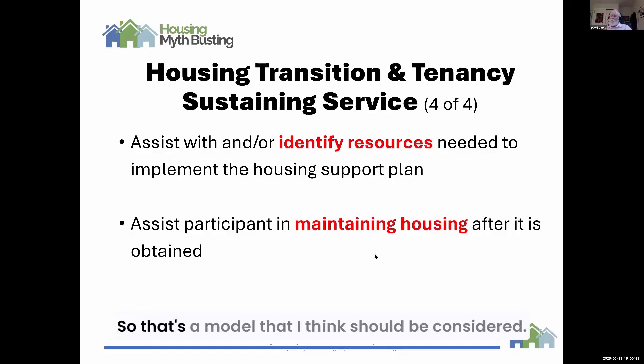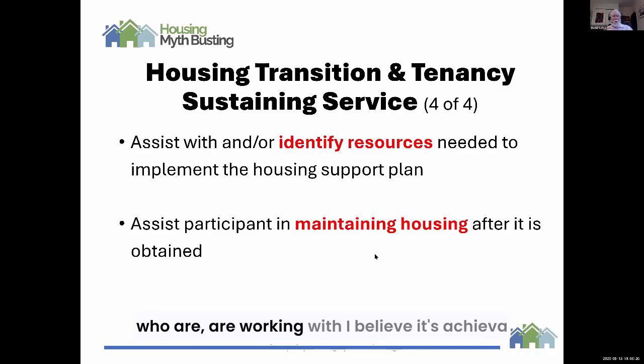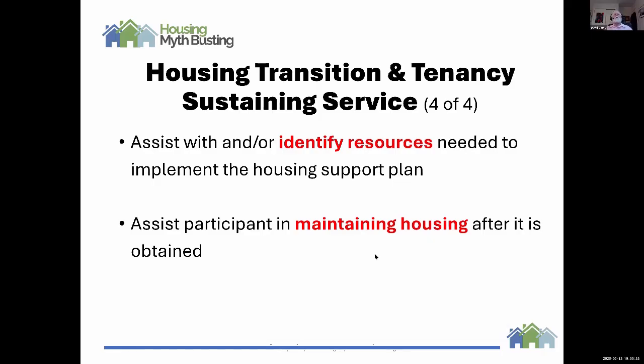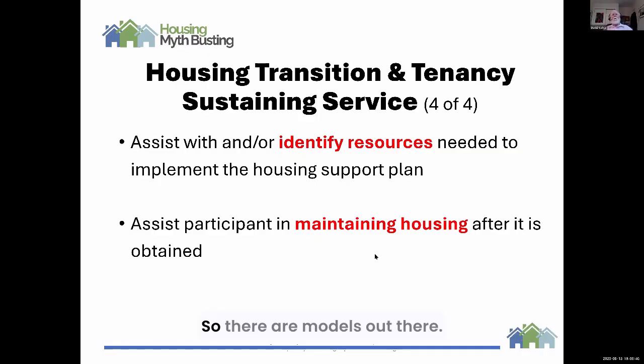So that's a model that I think should be considered. There are families in Allegheny County who are working with, I believe it's Achieva, to develop a similar model. This is more for adult kids who are medically involved. So there are models out there.